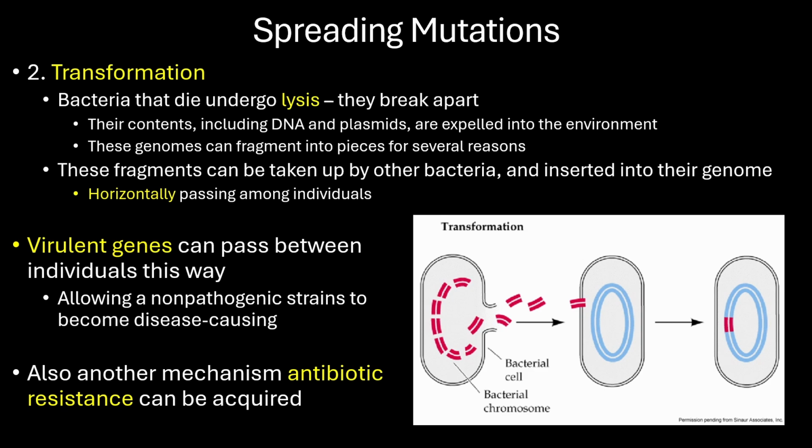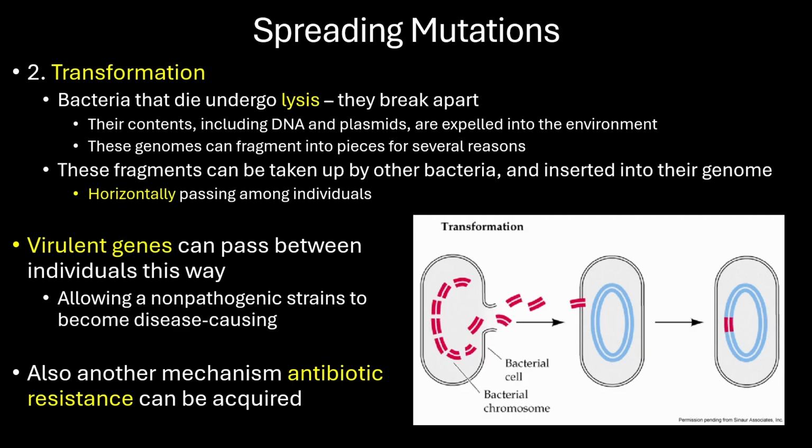So bacteria that die can undergo lysis eventually. They will break apart, and their contents, including their DNA and plasmids, will be released into the environment. And these genomes can begin to break apart into small fragments. Those fragments can be found and picked up by other bacteria and be inserted into their genome.